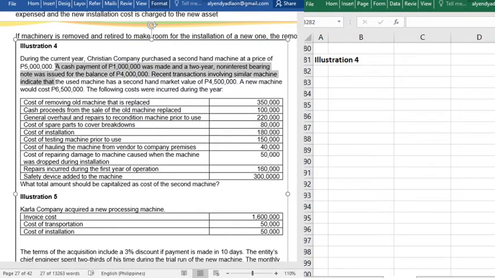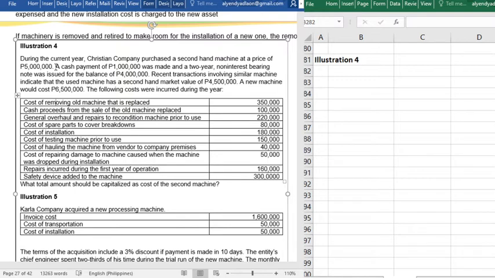Recent transactions involving similar machine indicate that the used machine has a second-hand market value of 4,500,000. A new machine would cost 6,500,000. The following costs were incurred during the year.